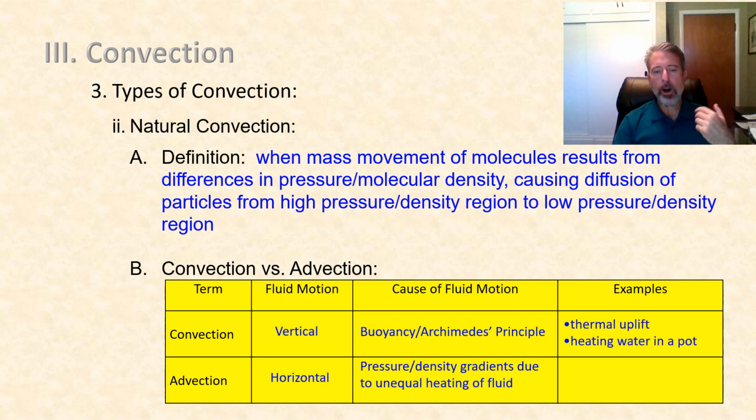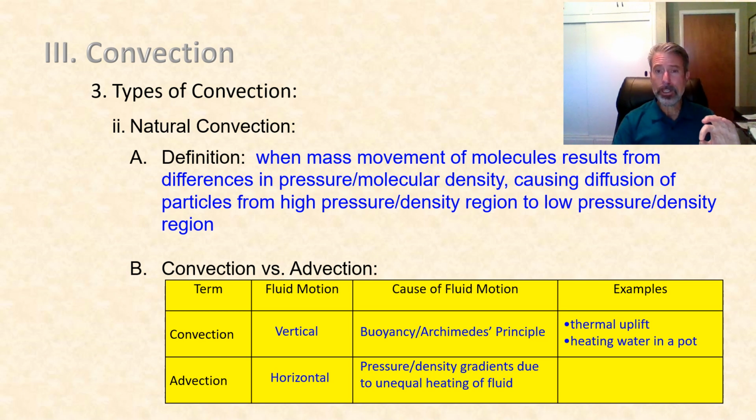So common examples of convection: thermal uplift, when you look at many birds and glider pilots, we can see the mass movement of warmed air that rises upwards. Even heating water in a pot.